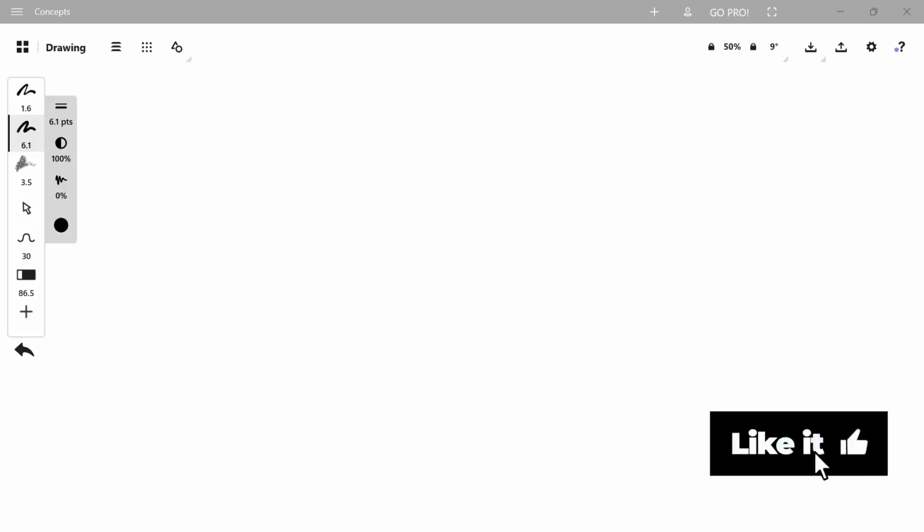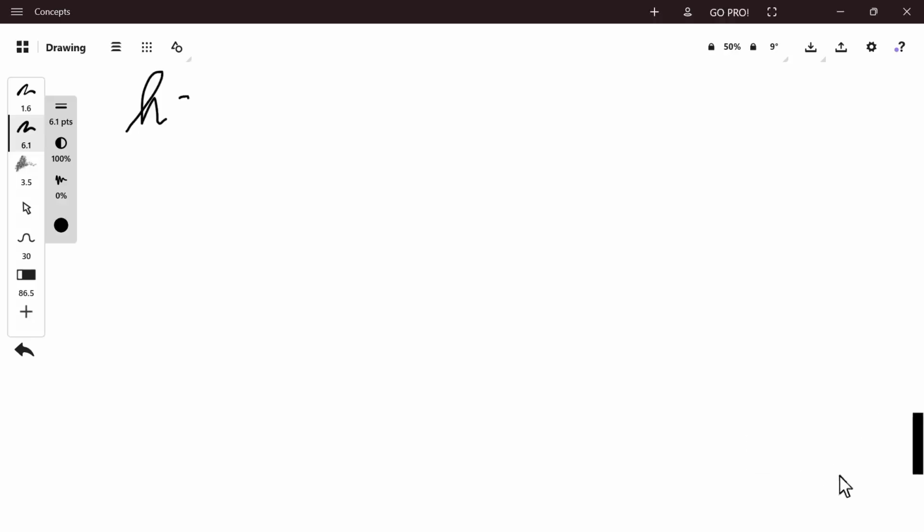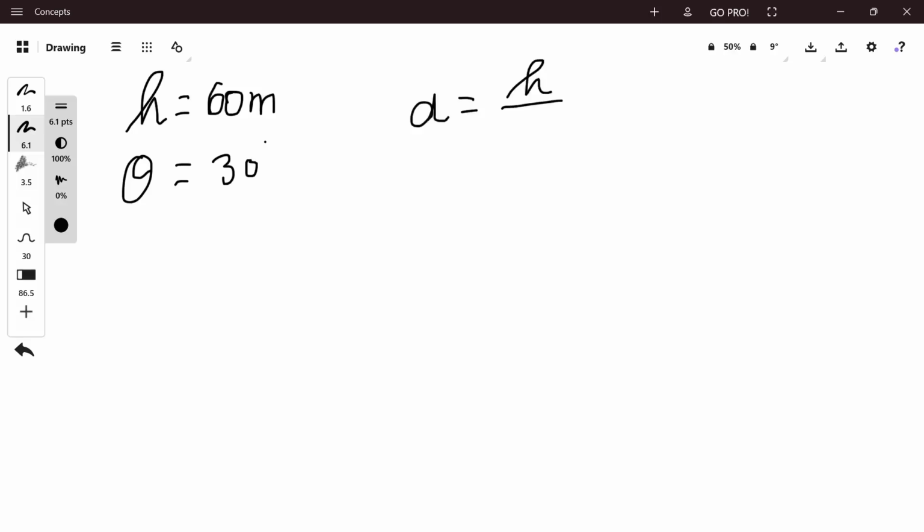That is h is equal to 60 meters and theta is equal to 30 degrees. The relationship between the angle and opposite side and adjacent side is given by the tangent function, that is tan theta is equal to opposite upon adjacent, that is h upon d. Rearranging the equation to solve for d, d is equal to h upon tan theta.